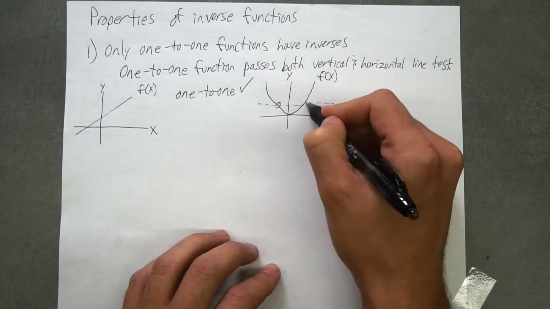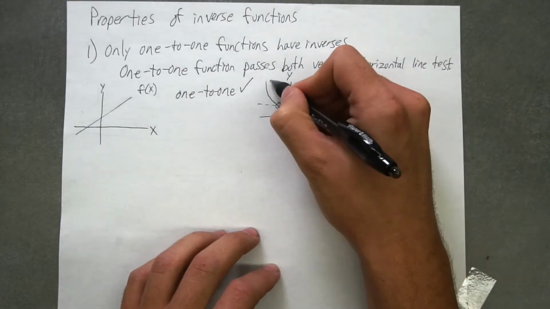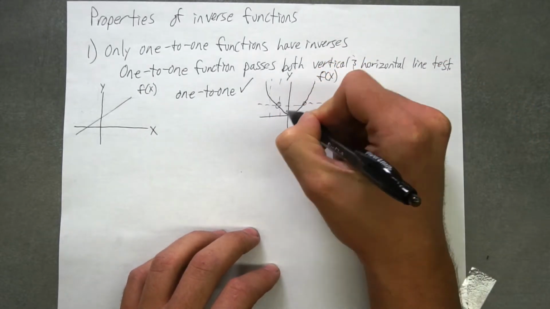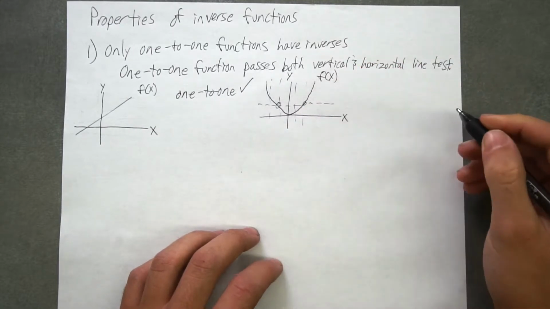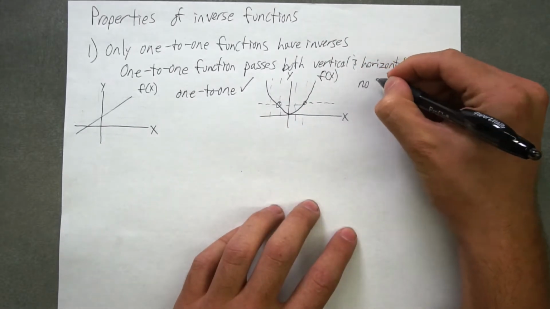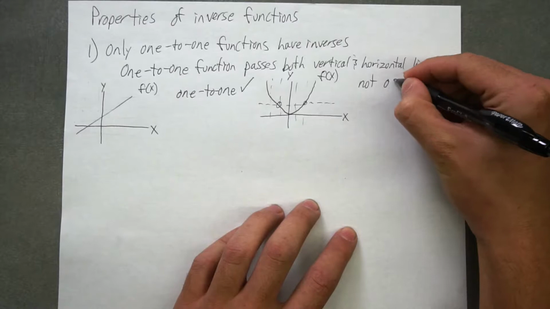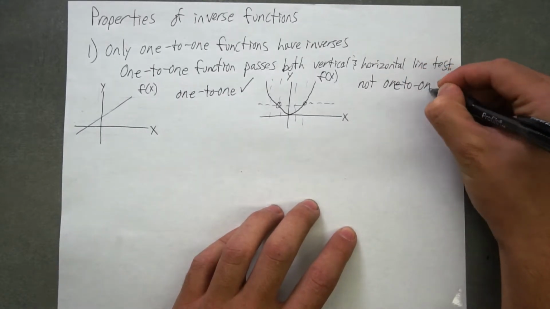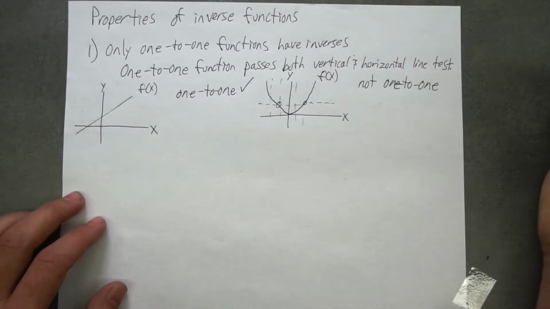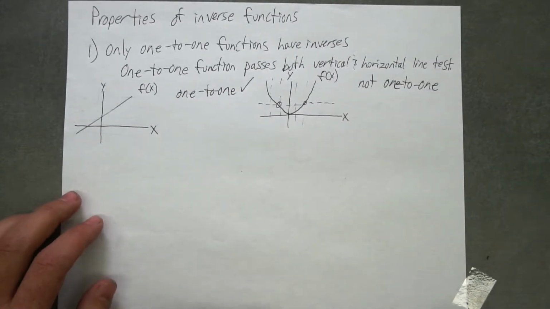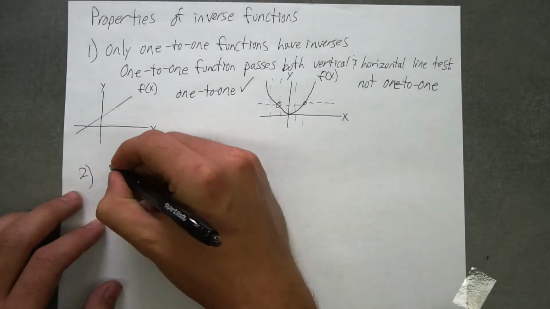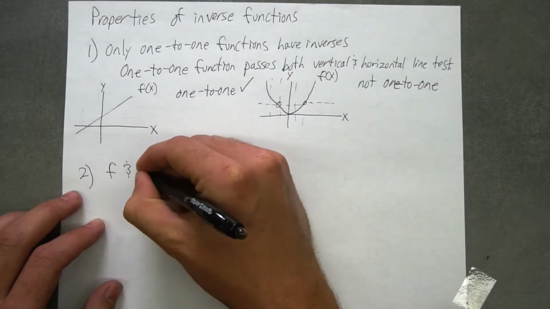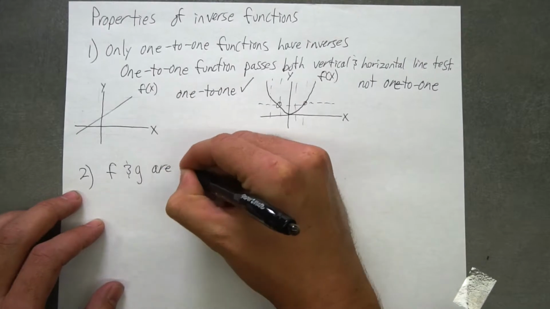There are 2 points where this line hits the function, even though it does pass the vertical line test. So this is not a one-to-one function.